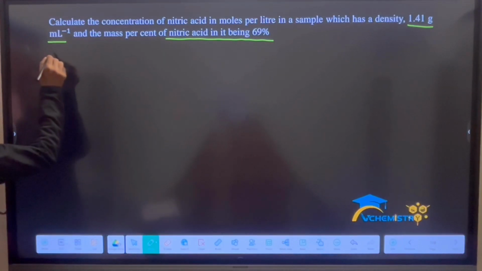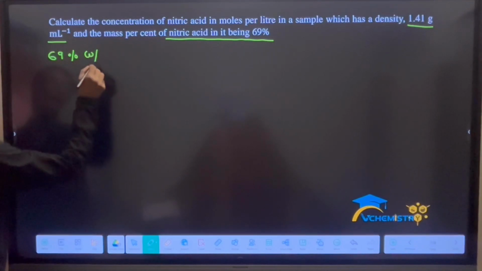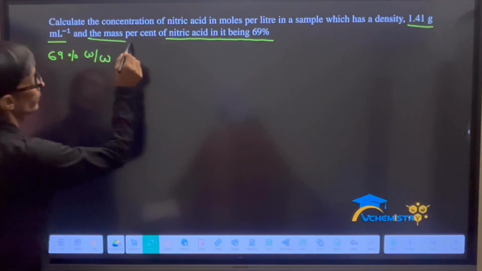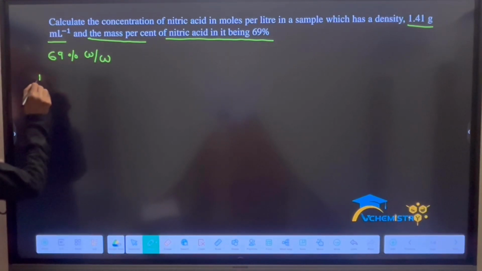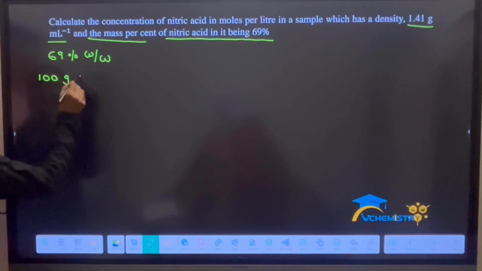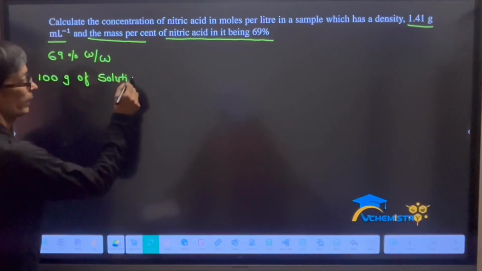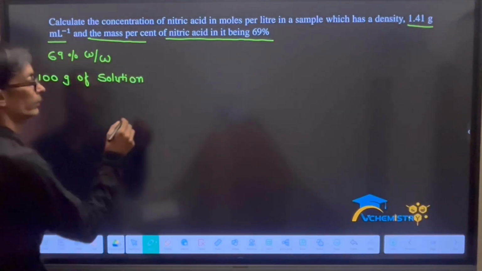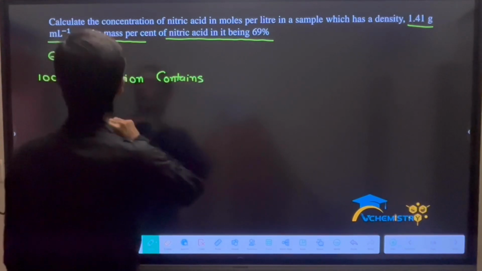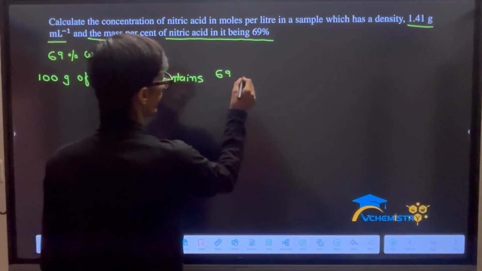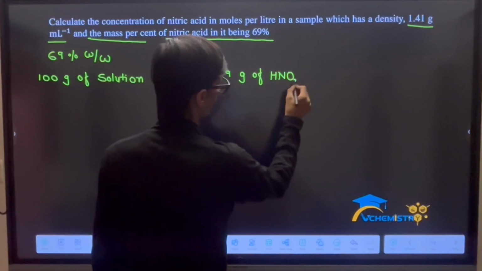See here, 69% W by W. Why? Because mass by mass. That means 100 gram of solution contains 69 gram of nitric acid, HNO3.